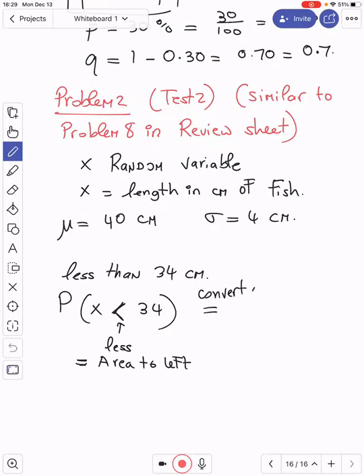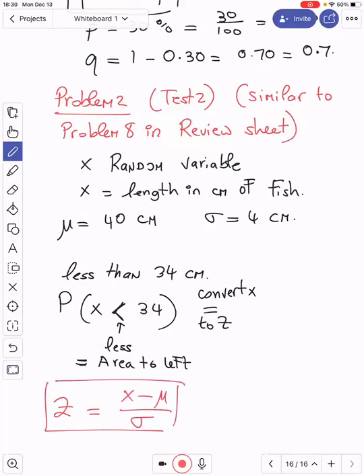So we convert x to z, the variable of the standard normal distribution. Just to remind you of the formula, z is x minus mu over sigma. This is how we convert x to z. So now, instead of x, I'm going to use z. The same inequality, it's again less.